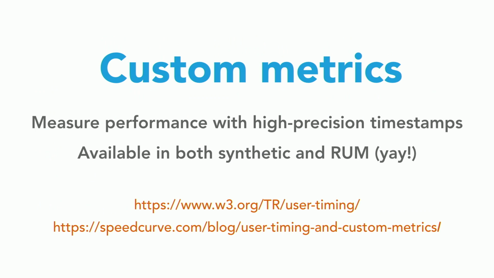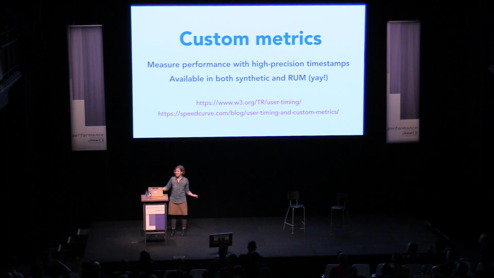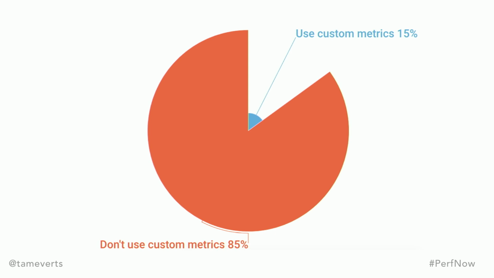So just a quick show of hands, how many people in here are using or have used custom timers on their pages? Okay, so that's actually really great. So industry standard is only about 15%. If you look at the HTTP Archive, only about 15% of sites use custom metrics.